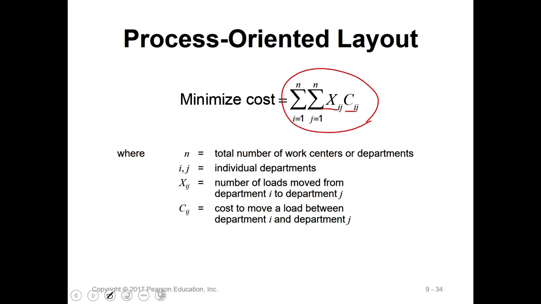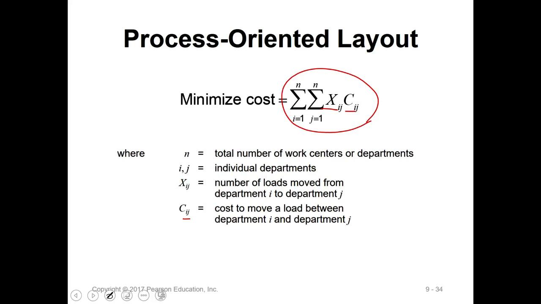Loads means the number of parts moved from one department to another department. And then the cost is related to location, related to distance. So c means the cost to move a load from one department to another department.